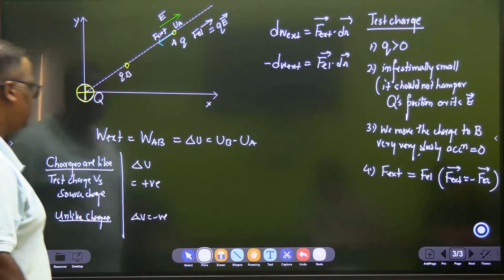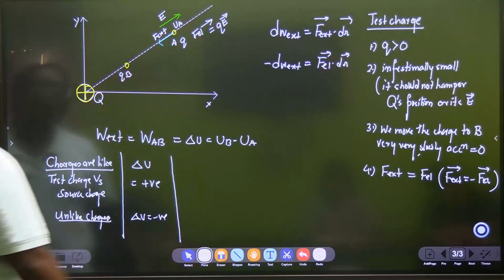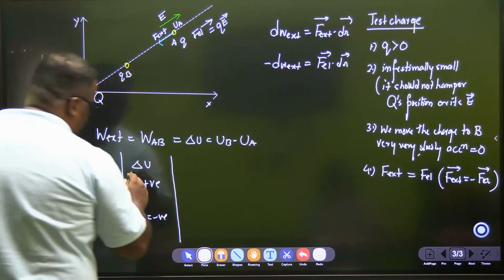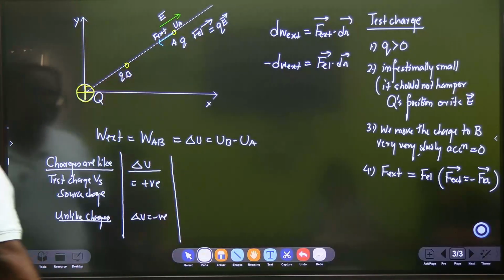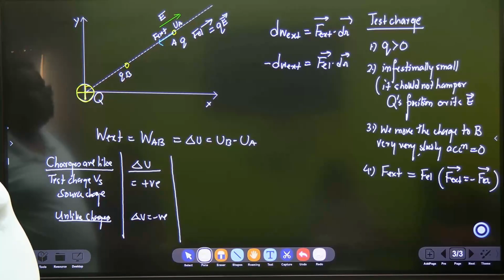Right? Delta U. If charges are alike, then the potential energy increases. If the charges are different, then the potential energy reduces.